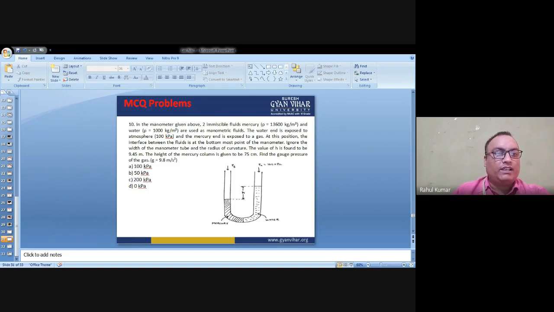For the explanation, the height of the water column is 0.75 plus 9.45 equal to 10.2 meter, and the correct answer is 100 kilopascal.